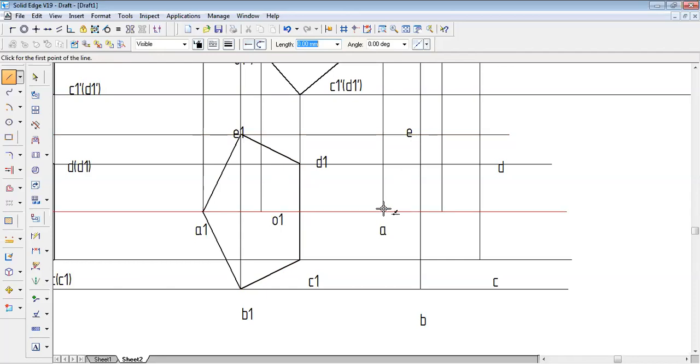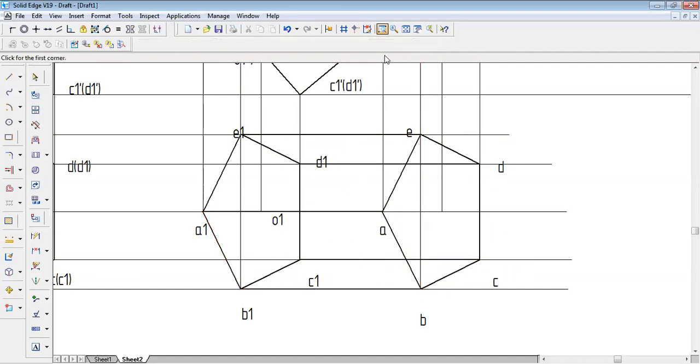Then afterwards join all the lines here, A to E first, C to D, sorry, E to E, D to C, C to D, B to E, like this. Then the lateral edges, A to A1, E to E1, D to D1, then B to B1. Now I have to mark the hidden side.